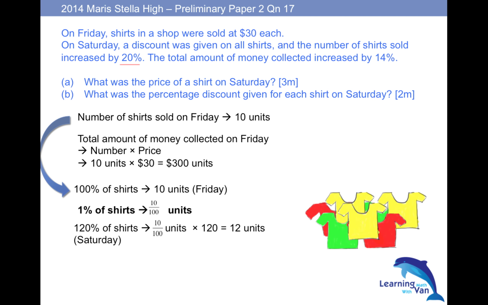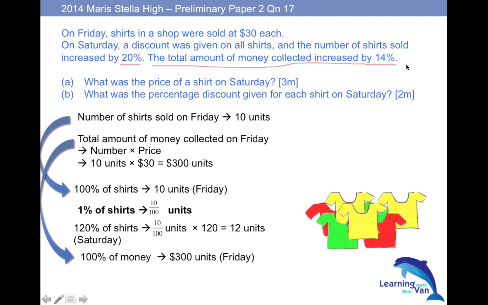And if we know that, the next thing we also know is the total amount of money collected on Saturday, because as I said just now, reference will be made that the total amount of money collected increased by 14%. So on Saturday there was an increase of 14% with respect to Friday. Again, Friday becomes your 100%.